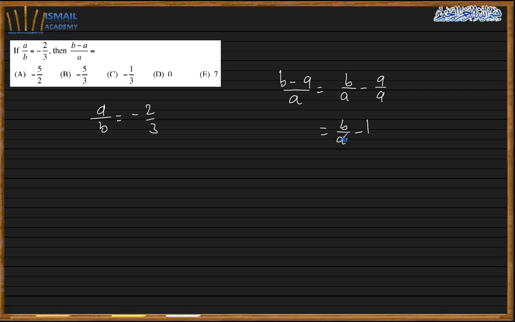I don't have b over a, but I can flip this. So b over a will be minus 3/2. So then I will have minus 3/2 minus 1. Common denominators, so minus 3 minus 2 over 2, so it's minus 5/2. So the answer is A.